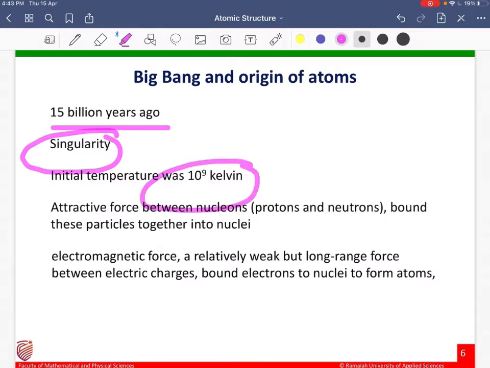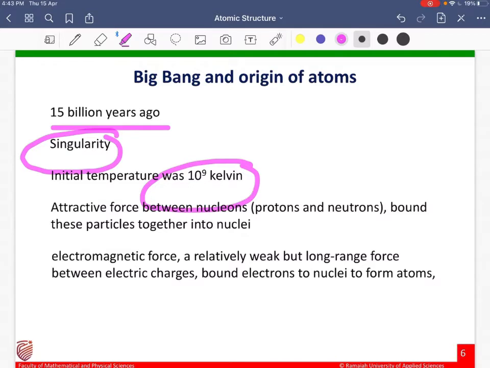The fundamental particles produced in this explosion had too much kinetic energy to bind together in the form we know today. However, the universe cooled as it expanded, the particles moved more slowly, and they soon began to adhere together under the influence of a variety of forces.